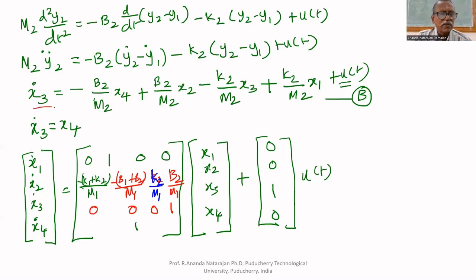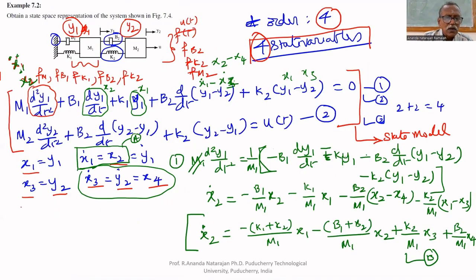Here from this x3 dot we have to write. Sorry, x3 dot equal to x4. Correct one. Here y2 dot equal to x4, I did it wrongly. y2 double dot equal to x3 dot.